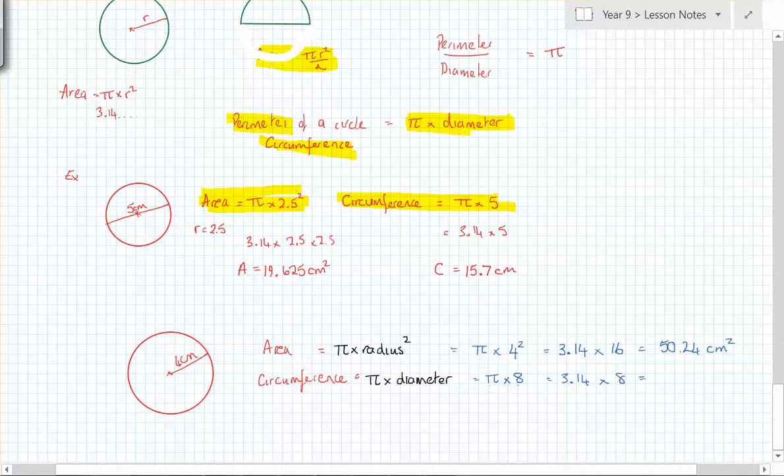So it's pi times 8 because the diameter is all the way across. If half of it is 4, the other half is also 4, so it's 8 in total. So pi times 8, 3.14 times 8, is 25.12. And the unit? Centimetres. Good. Okay.